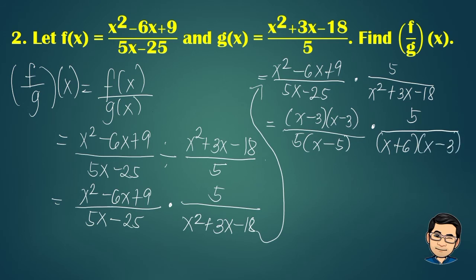Now, we can cancel out common terms. Okay? x minus 3, x minus 3, 5. So, yung mga natira natin, x minus 3 over yung x minus 5 tsaka x plus 6, kailangan natin yung i-multiply.